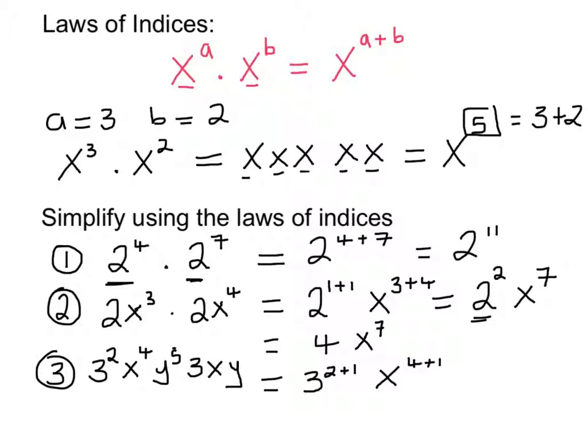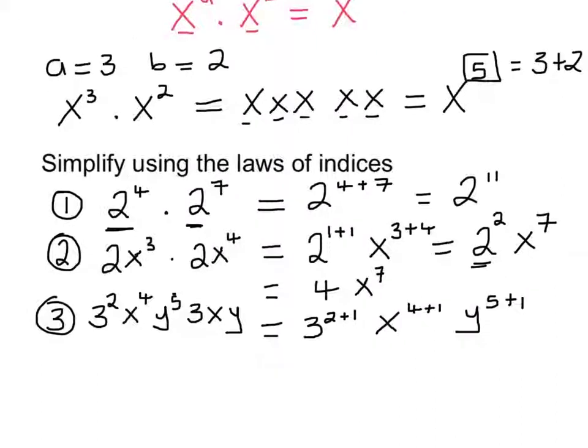And likewise with the y's, this y here is to the power of 5, this y here is to the power of 1. So if I was to simplify that, it's going to be y to the power of 5 plus 1. Now I can do no more. I can add, obviously, my values together and write down the answer. And the answer is going to be 3 to the power of 3 multiplied by x to the power of 5 multiplied by y to the power of 6.